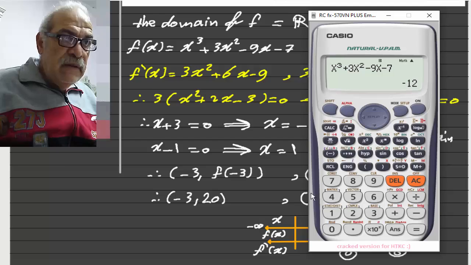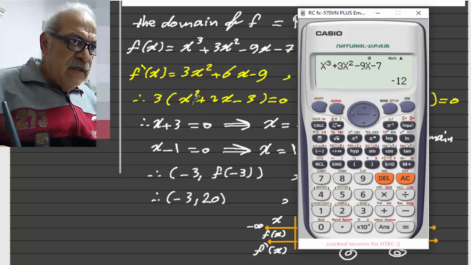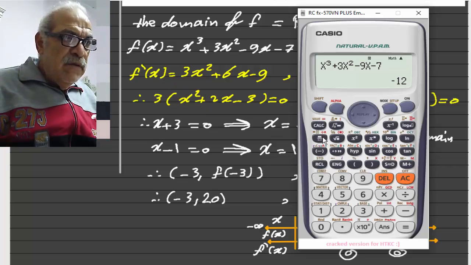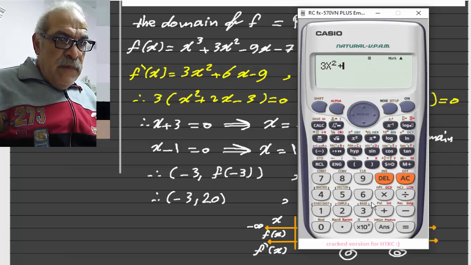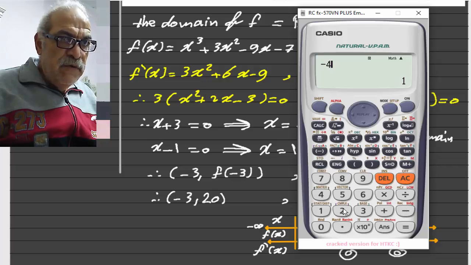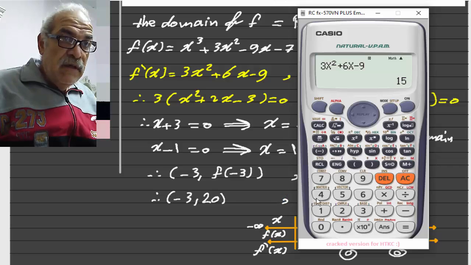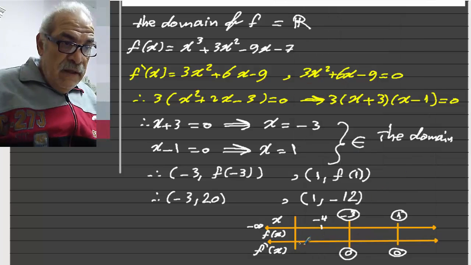And we write f dash of x equals 3x squared plus 6x minus 9, and we calculate for x equals -4, and it is positive. So f dash of x is positive here in this neighborhood of -3.